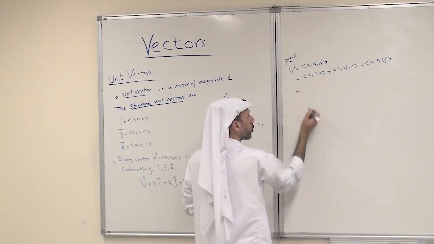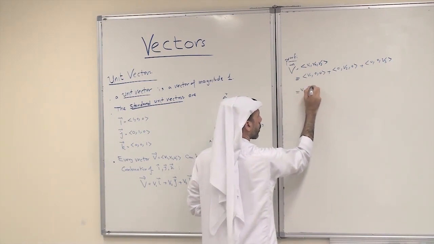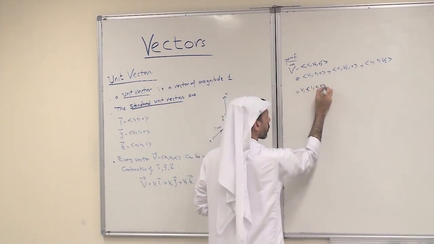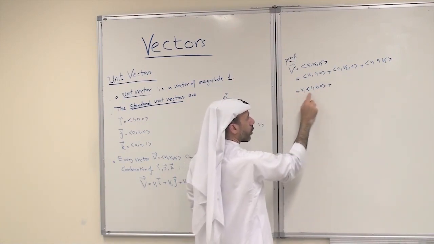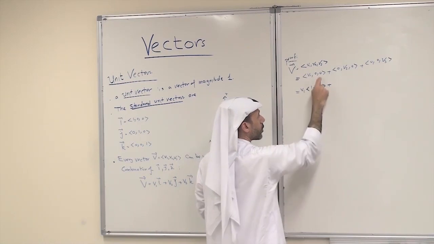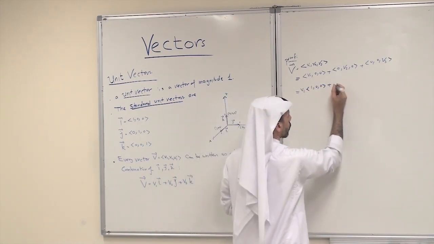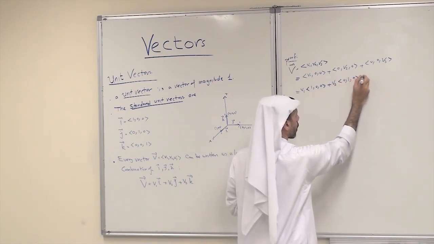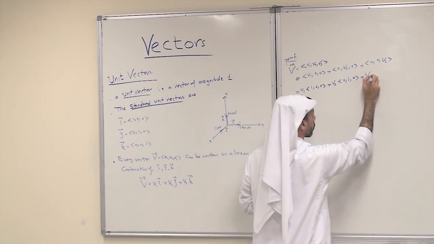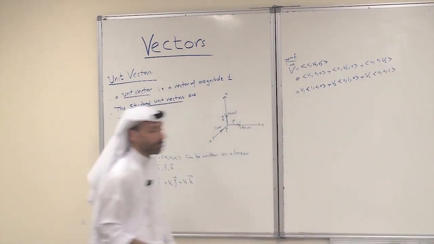Now I use scalar multiplication. I can take v1 as a common factor, so it becomes v1 times (1, 0, 0). You do the same thing for the second two terms: take v2 as a common factor, v2 times (0, 1, 0), plus v3 as a common factor, times (0, 0, 1).